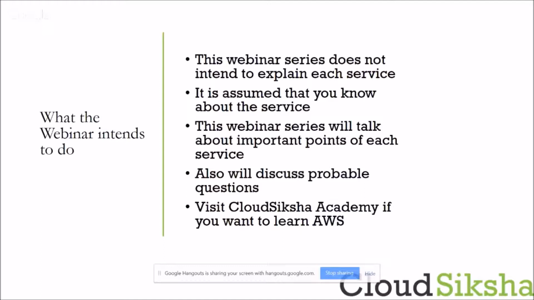The webinar series will talk about the important points of each service. It will discuss the probable questions. And if you want to learn more about AWS, you want to get yourself certified and you need training, you can always visit the Cloud Shiksha Academy, which is at academy.cloudshiksha.com. So let us start with EC2.